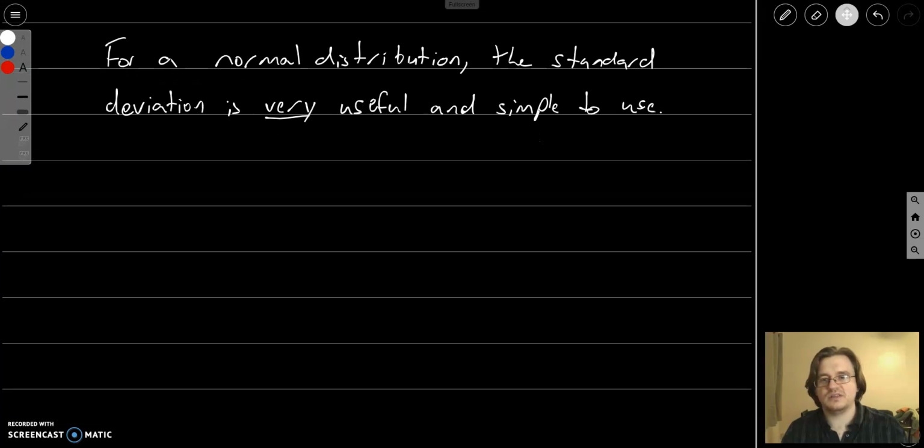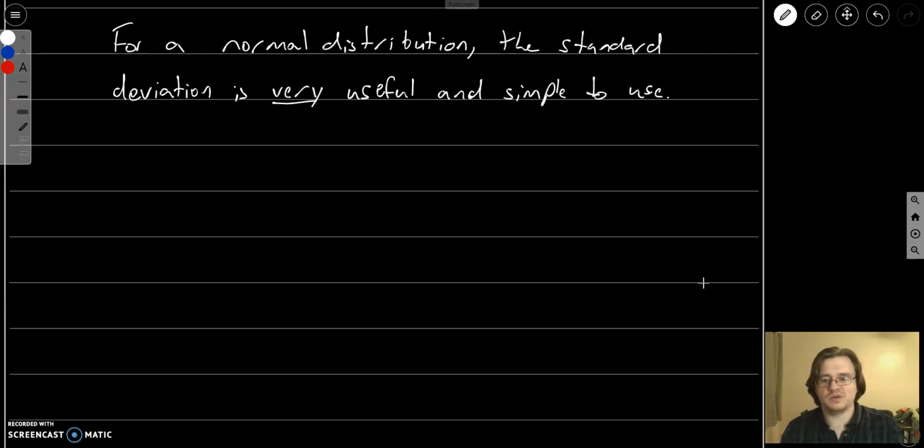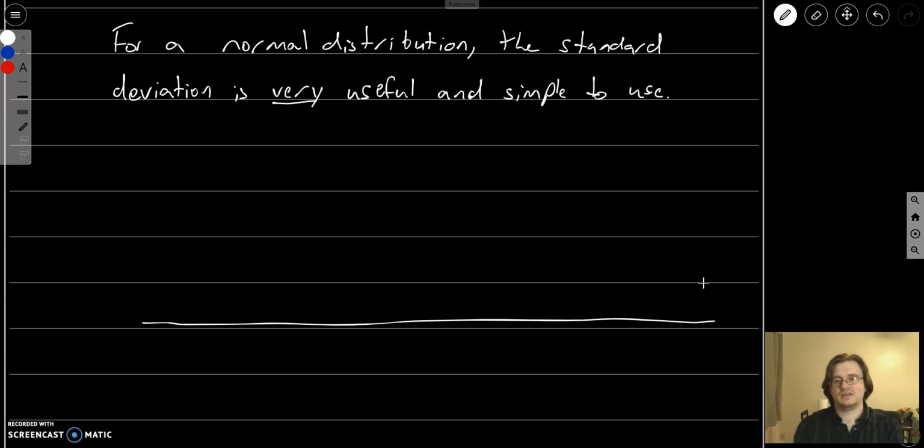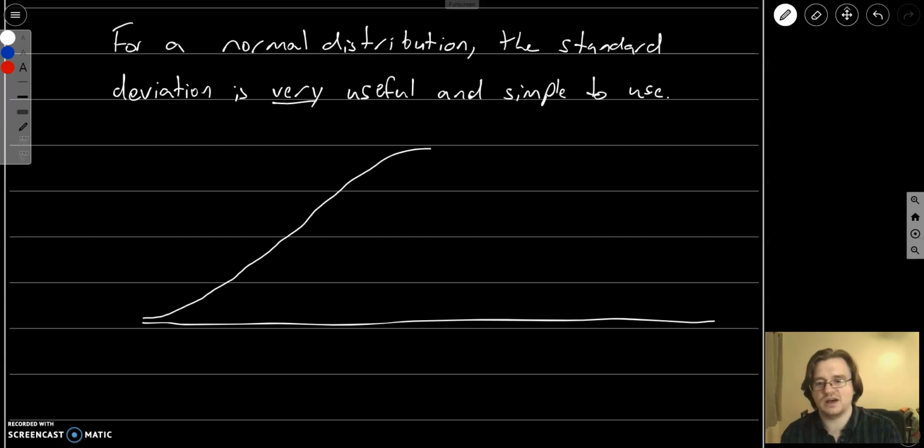So I think one thing that will be important to do is to really see what these numbers actually mean in terms of the standard deviation. The standard deviation is great for normal distributions. Normal distributions have a very nice relationship with the standard deviation. This isn't a perfectly drawn bell curve, but it'll do.